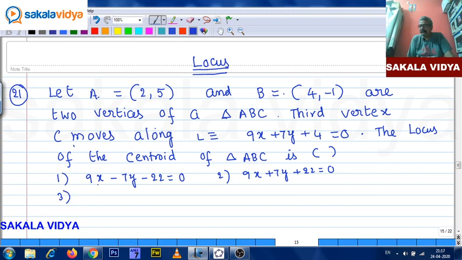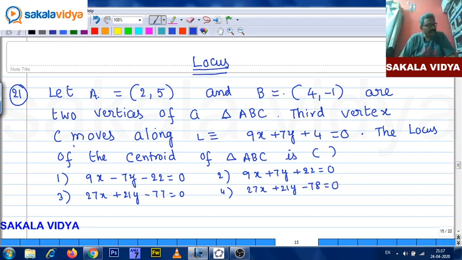Third option: 27x plus 21y minus 77 equals 0. Fourth option: 27x plus 21y minus 78 equals 0.